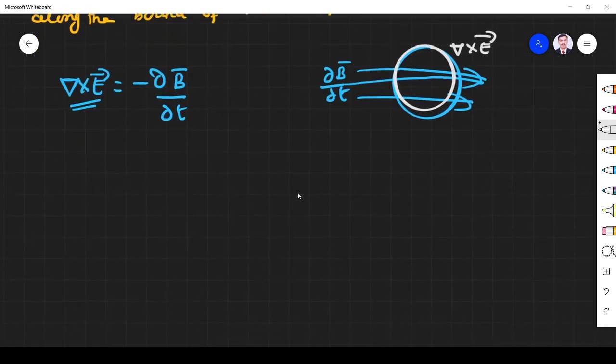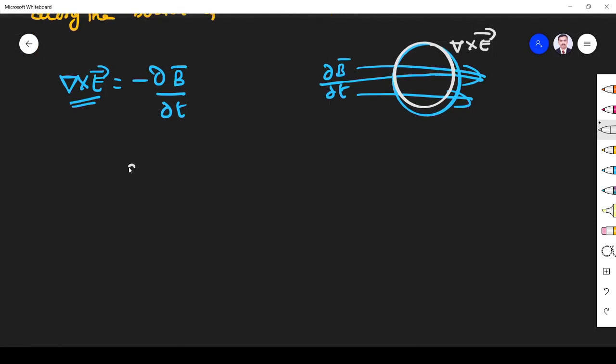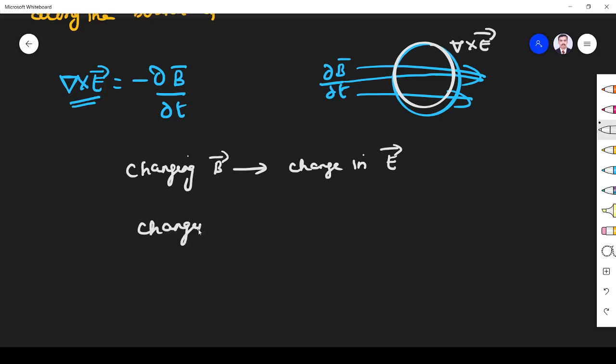So it relates the changing magnetic field, which induces a change in electric field. Now Maxwell asked whether, if a changing magnetic field induces a change in electric field, a changing electric field will lead to a change in magnetic field, B or H, no problem, right?